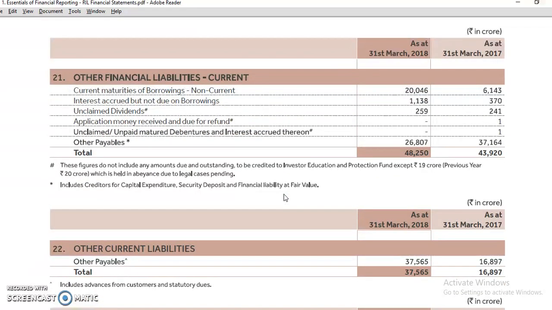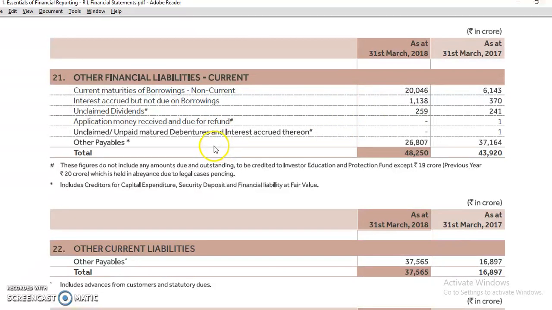Other current liabilities are these other financial liabilities which are current. So, current maturities of borrowings. They have taken some loans or borrowings which were non-current previously, but now the maturity has come within 12 months, so it has been classified from non-current to current. Then interest accrued on those borrowings, unclaimed dividends, application money, other payables.